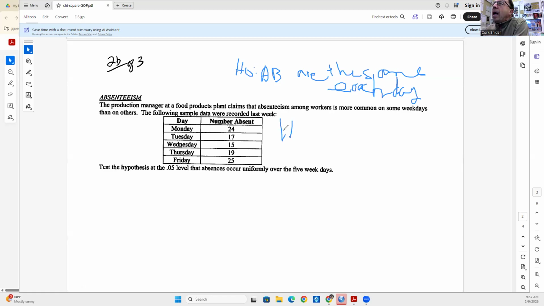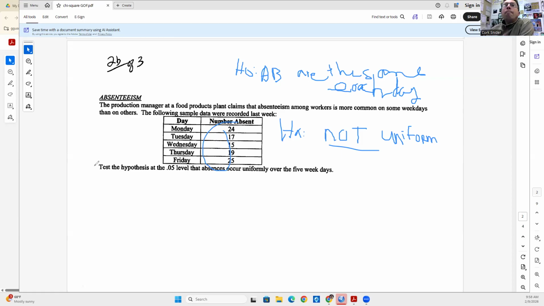And then HA, absences are, I'm going to put the key word, not uniform throughout the week. They're different. That means different. We're trying to prove they're different. Does this data show a difference? So you're going to write this out a lot better than I did.